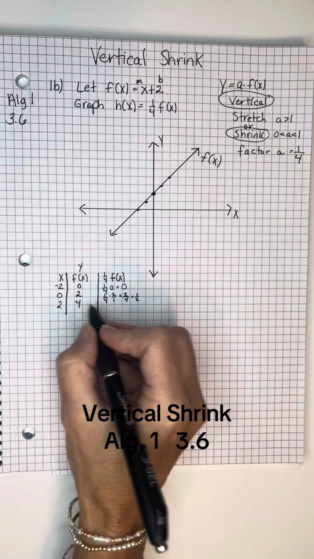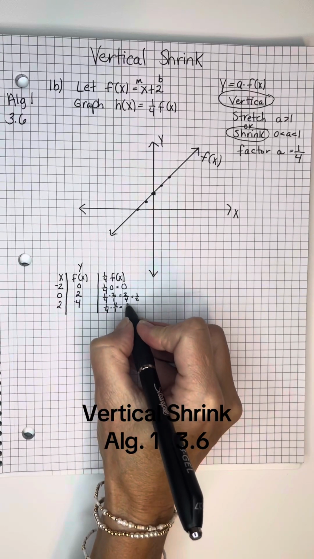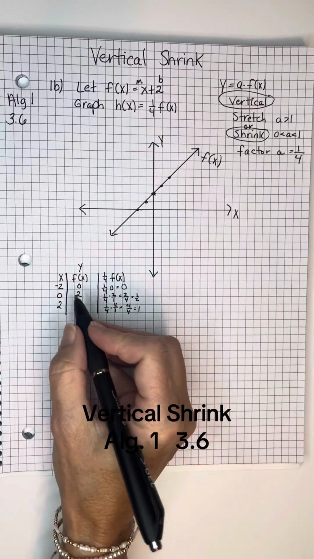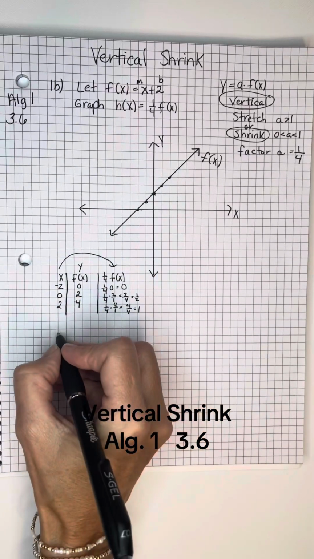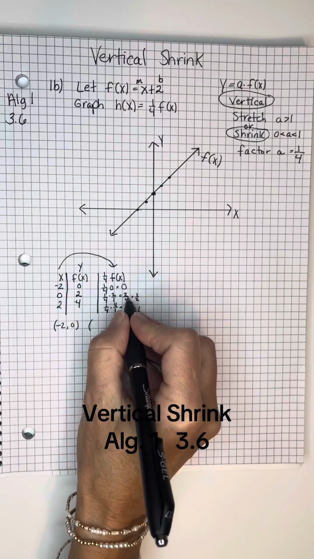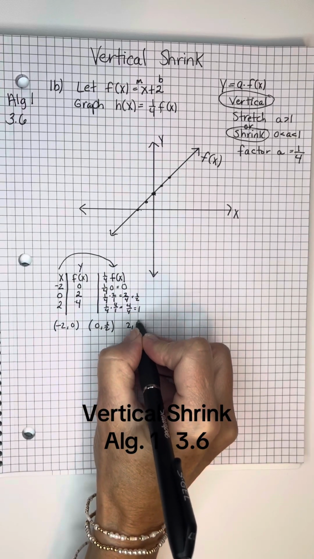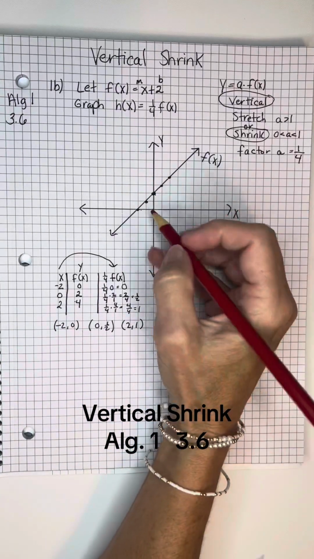And then I have 1/4 of 4, or 4 over 1, which is 4 over 4, which is 1. So the ordered pairs that I will graph will be -2, 0, and 0, 1/2, and 2, 1.